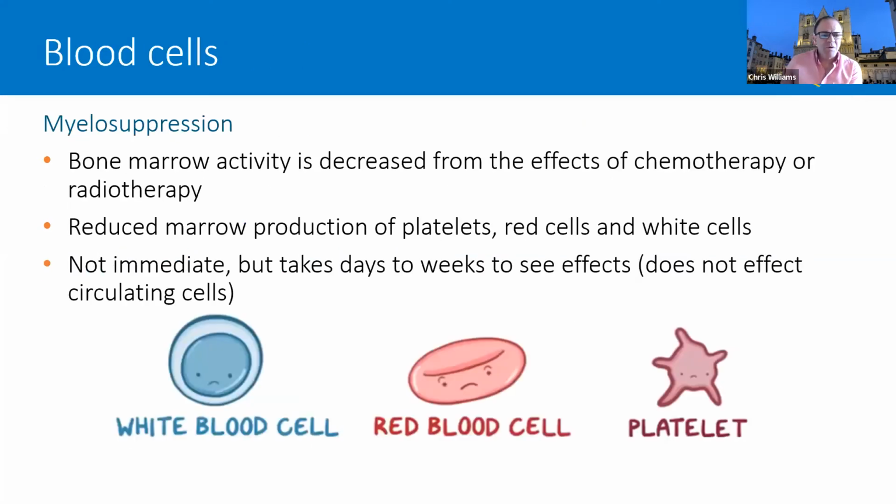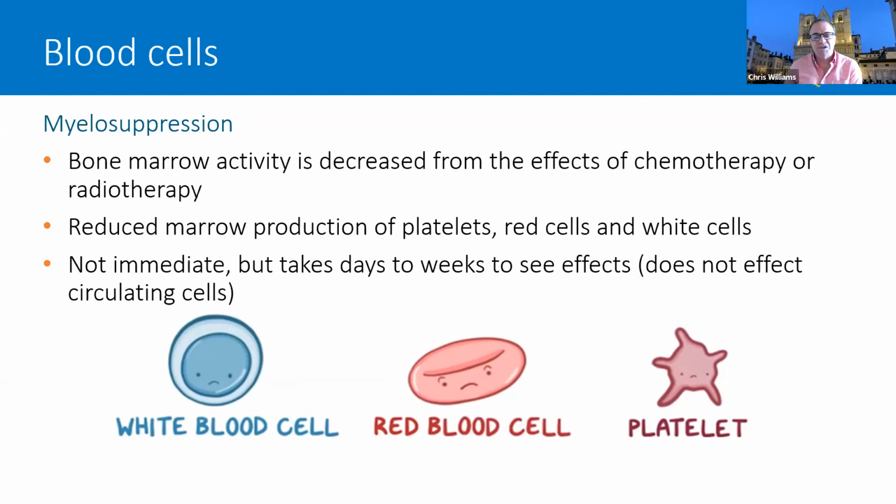The other area from a point of side effect profile is our blood cells. So blood cells grow very quickly, which means, as I said, chemotherapy affects things that are growing quickly, so it affects the blood cell production as well. And we call this myelosuppression, meaning bone marrow suppression from chemotherapy. So bone marrow activity is decreased because of the chemotherapy, sometimes from radiation as well, depending on where the radiation is.